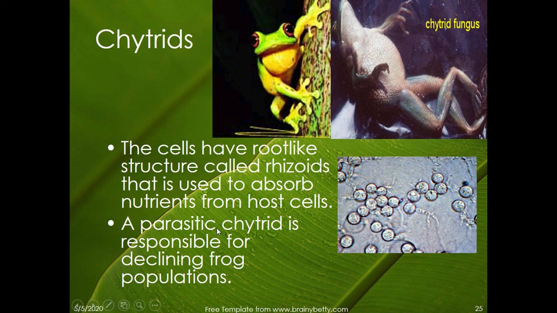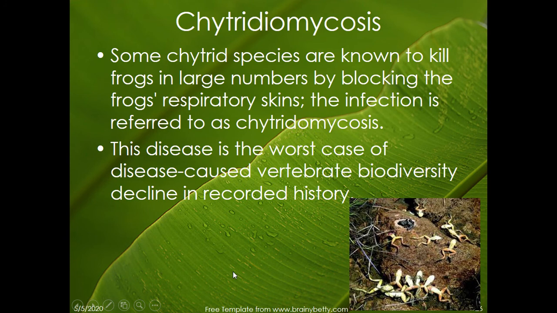This chytrid is a parasite responsible for declining frog populations. How? They block the frog's respiratory skin, so the frog is suffocated, cannot respire, and then dies. This infection caused by chytrid is known as chytridiomycosis.